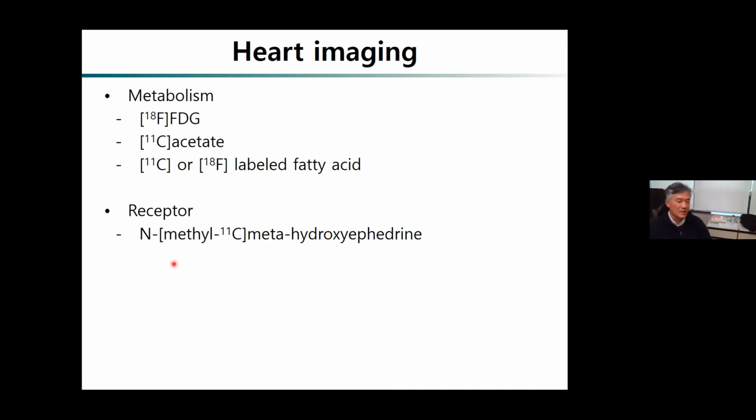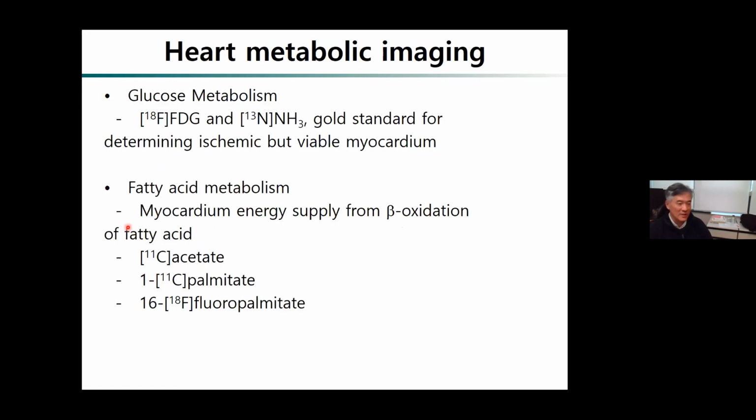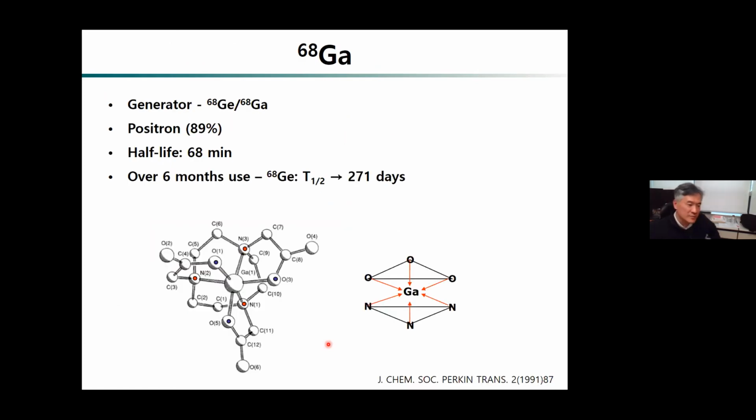And another heart imaging agent is hydroxyephedrine, labeled with C11, which targets the receptor on the myocyte. Normally FDG or ammonia is the gold standard for heart imaging, but radio-labeled fatty acid can be used for heart imaging.